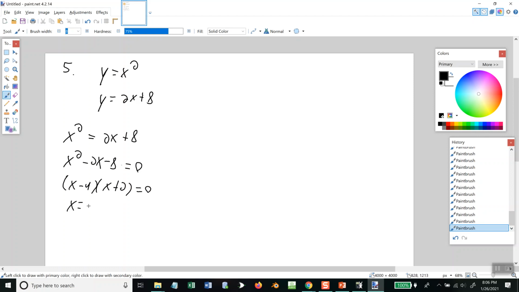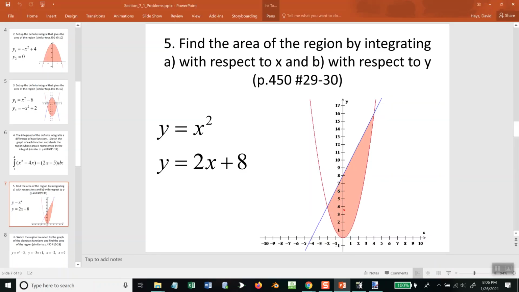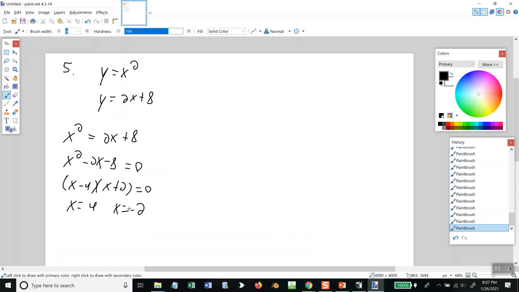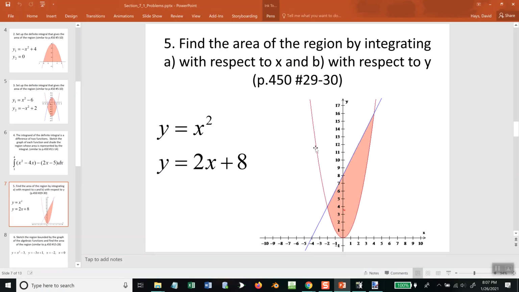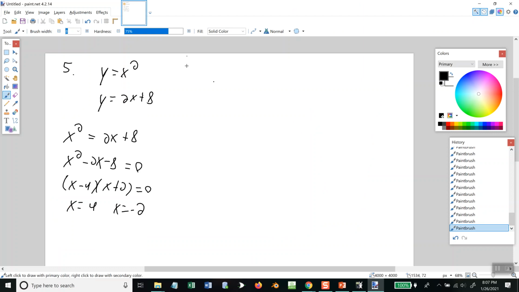And we get x is equal to 4 and x is equal to -2. And you kind of eyeball it to see if that looks more or less right. I think it's 4. That looks right. Now, it says integrate with respect to x and integrate with respect to y. So we'll do the x first.